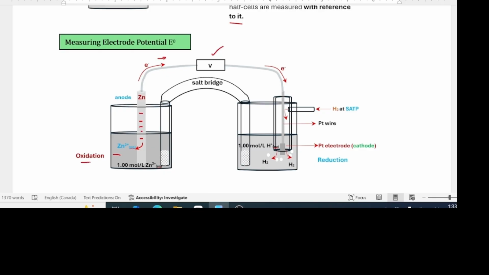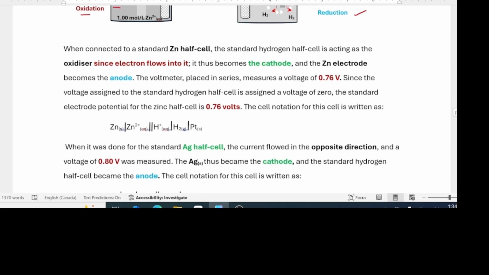Oxidation happens here, and because of that, the zinc electrode is called the anode, and the platinum electrode is called the cathode, because, of course, if oxidation takes place here, reduction happens here. The voltage that is measured by the voltmeter is registered. And this is how the electrode potentials for other half cells can be measured. So that is what explains it there.